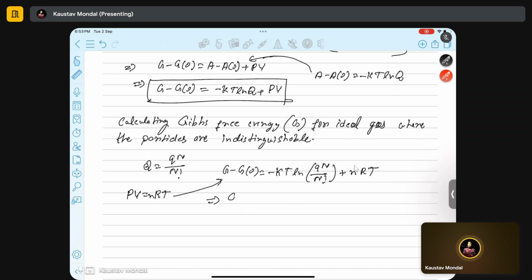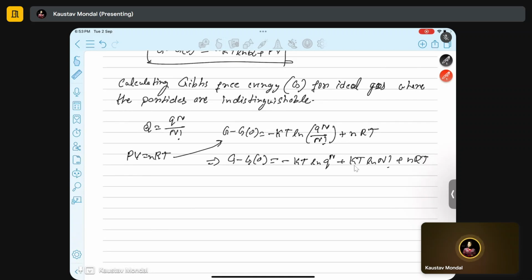So G minus G0, this will help us later on. So G minus G0 will become now minus KT ln q to the power N plus KT ln N factorial plus nRT.